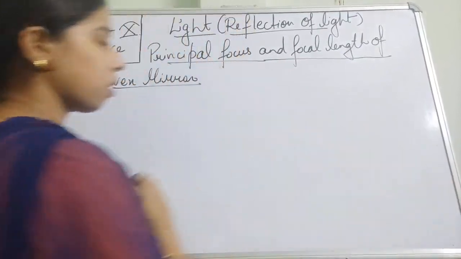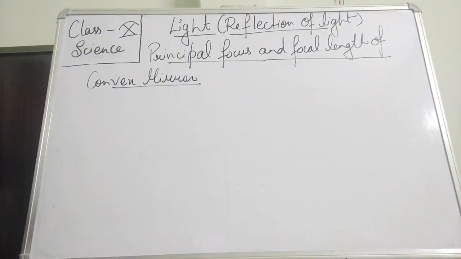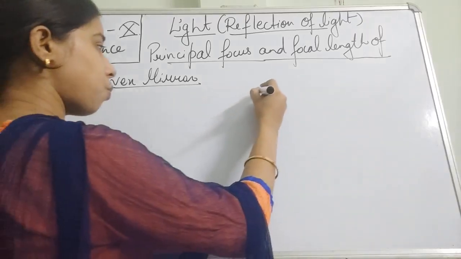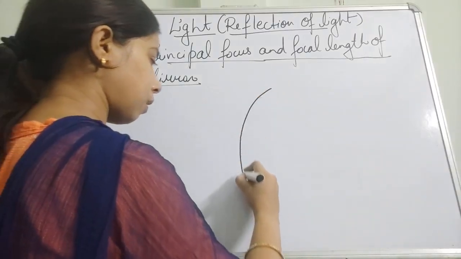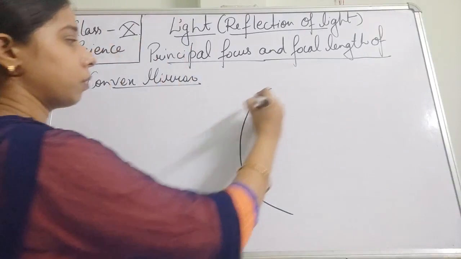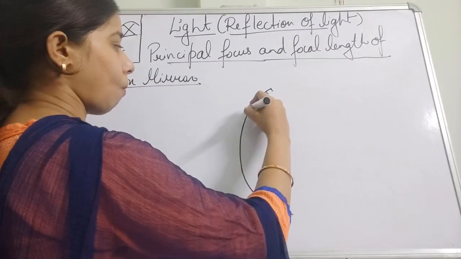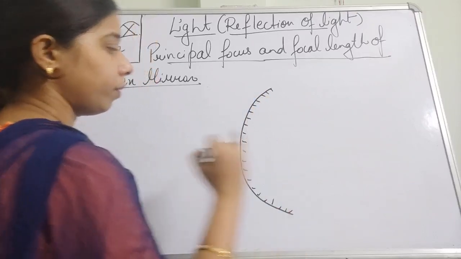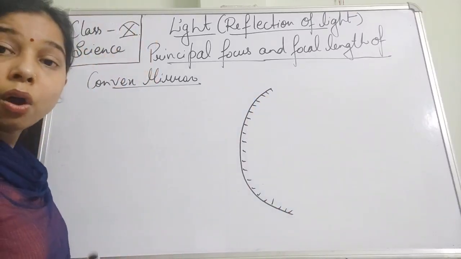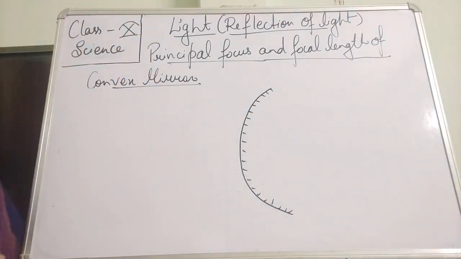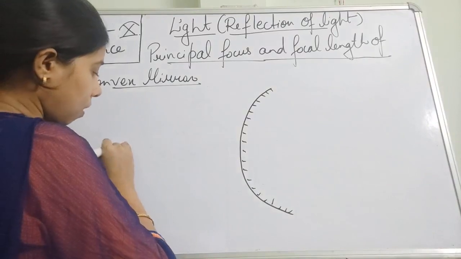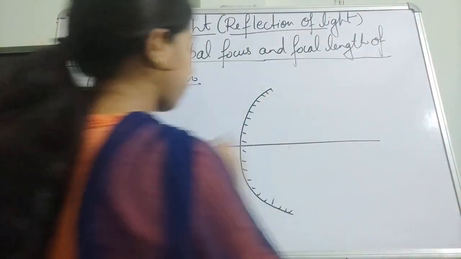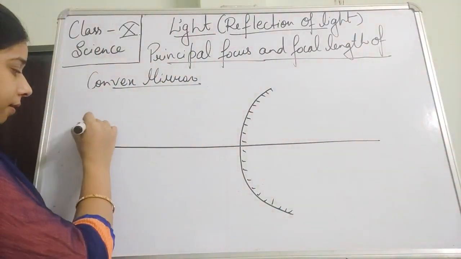So you can see here, students, this is the convex mirror. This is the principal axis.